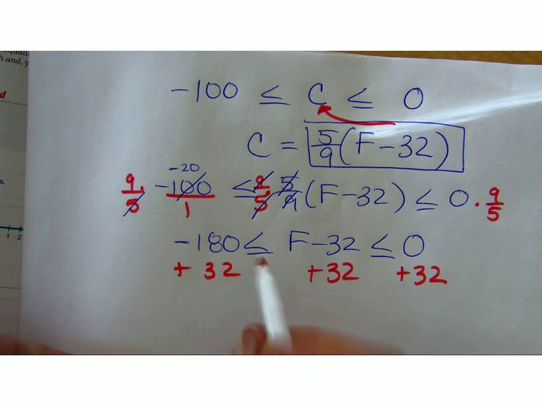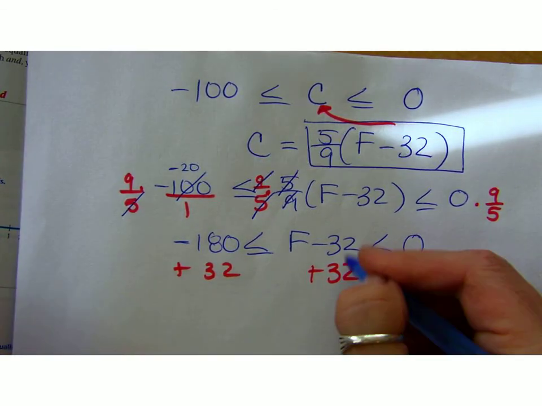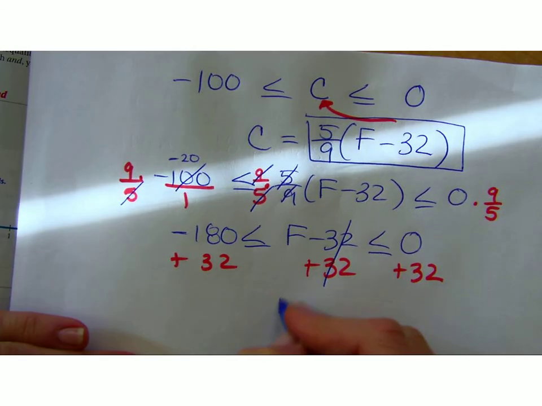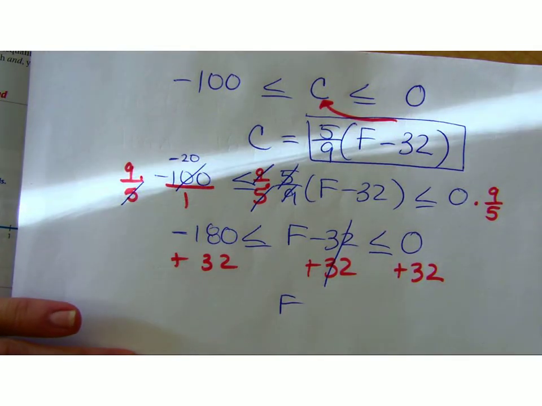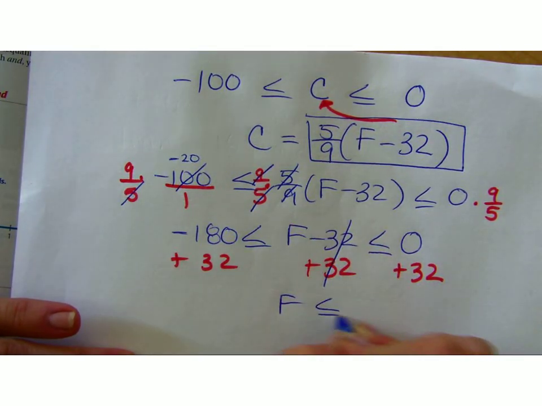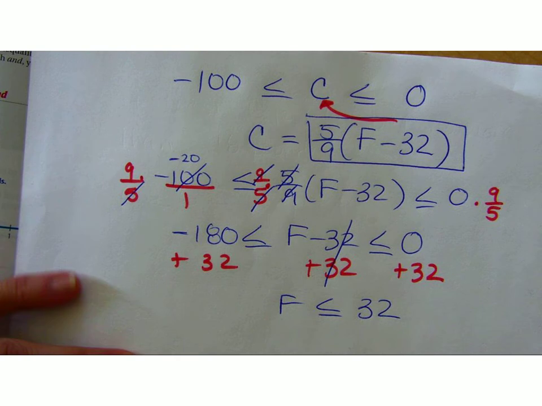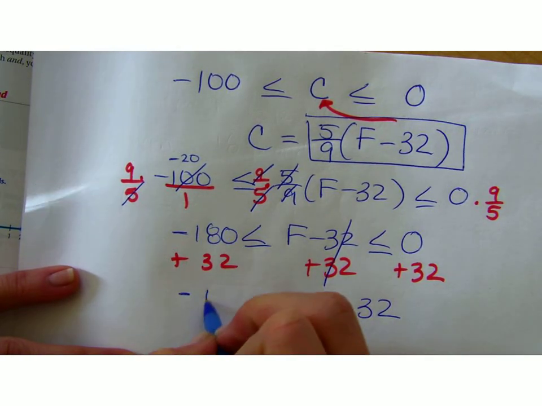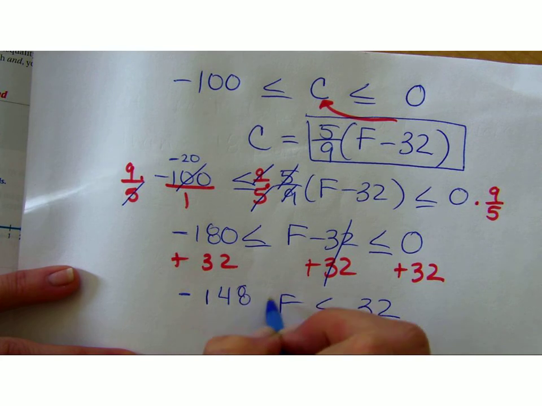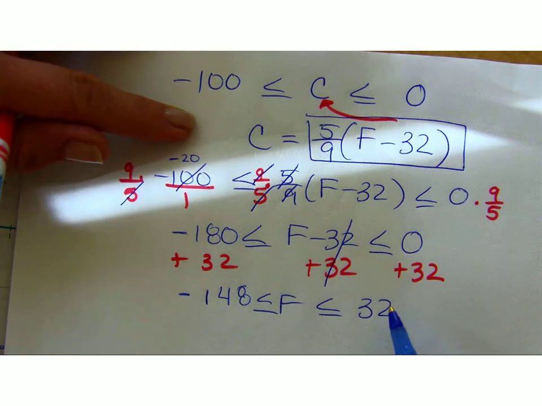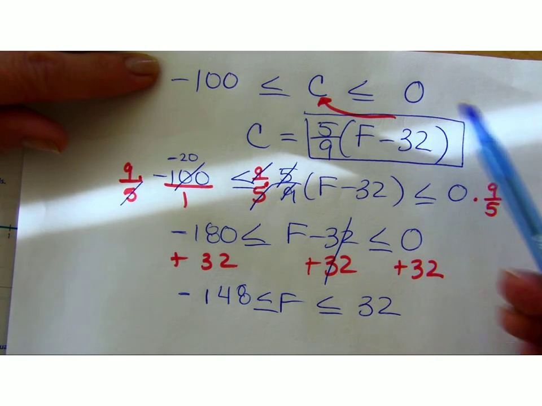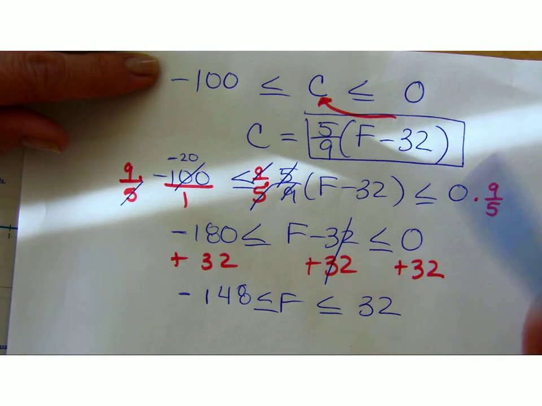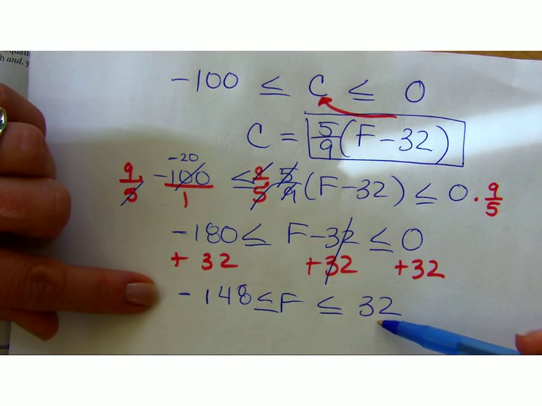That tells me that my Fahrenheit temperature, if it was negative 180, is going to be negative 180 plus 32. Take 30 away from this, that's going to give you 150, so we are at negative 148. If 0 and 100 below are your Celsius temperatures, your Fahrenheit range is negative 148 to 32.